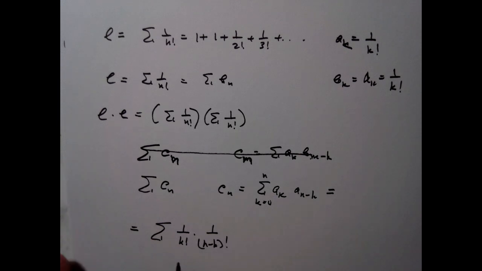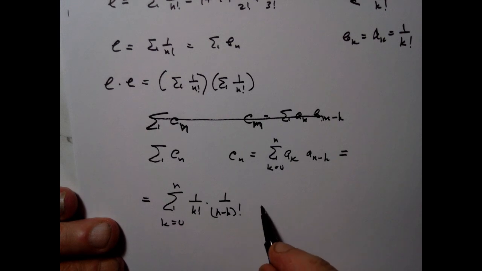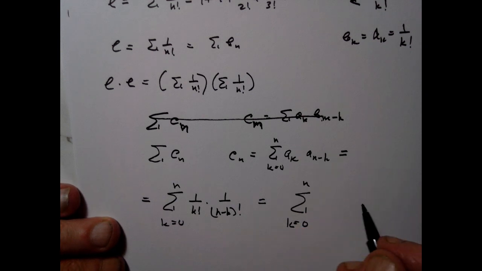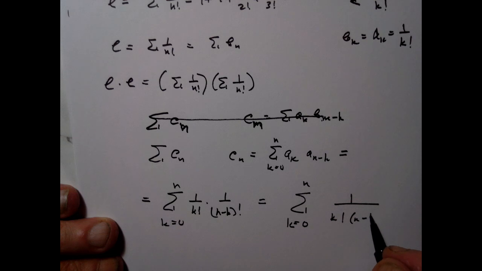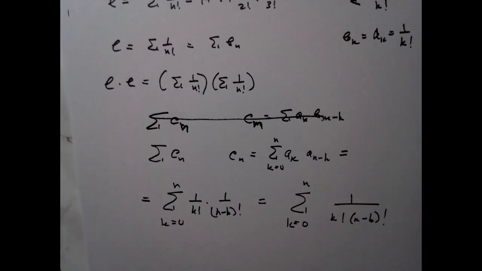Do you agree with me? Where k goes from 0 to n. And if I write it down in a slightly different way, I will say the sum, k from 0 to n of 1 over k factorial times n minus k factorial. And please again pause the video and stare at this for a moment and say, that looks awfully familiar.